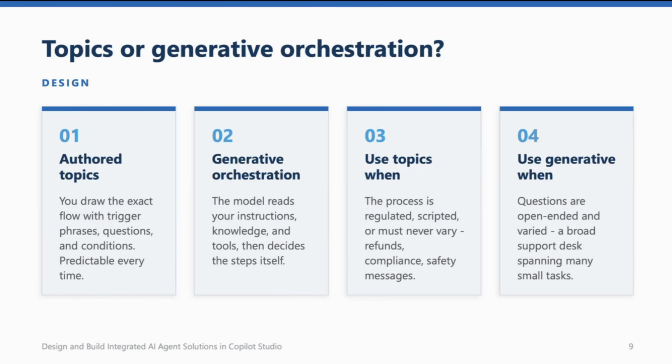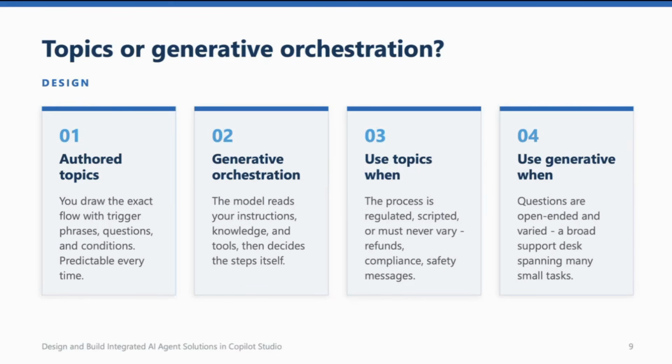In real life, most good agents mix both, the combination of generative AI for the long tail and a small set of lockdown topics, right? For the moments that must be exact.